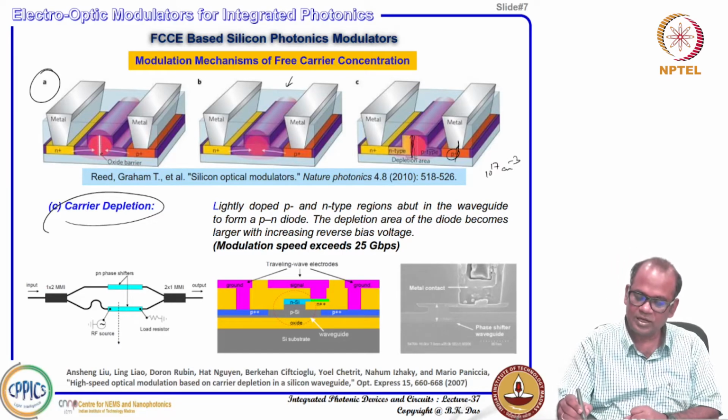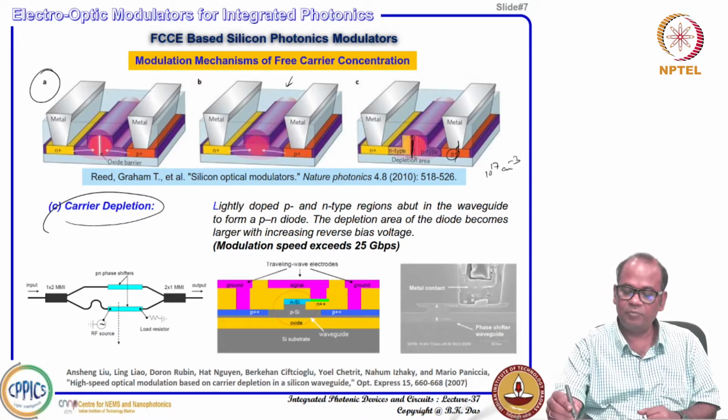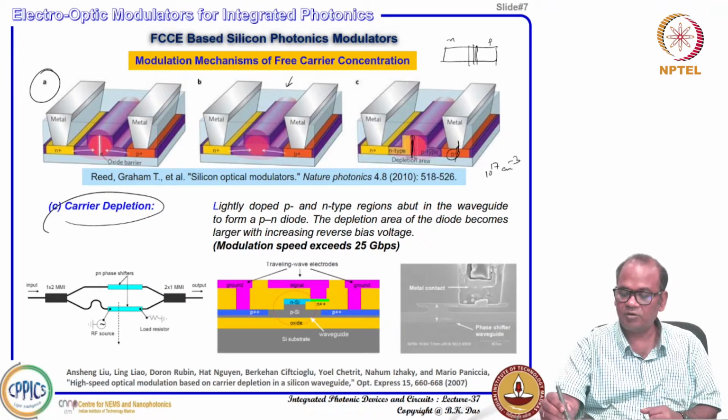Any diode, when you make a P type and N type, in the metallurgical junction region, holes will diffuse to this side and electrons will diffuse to this side, and you get a depletion width.